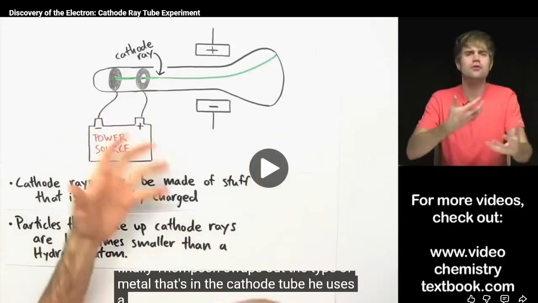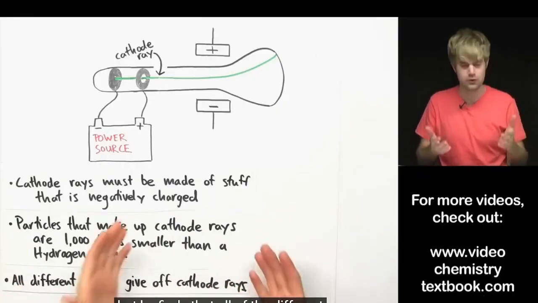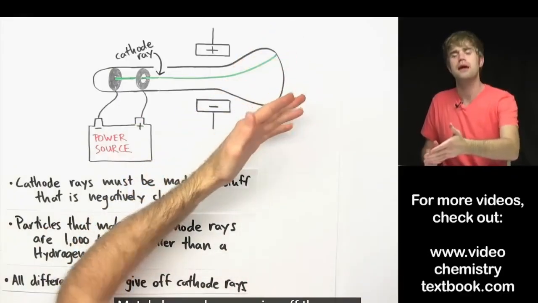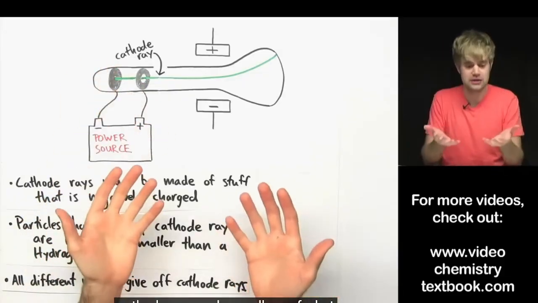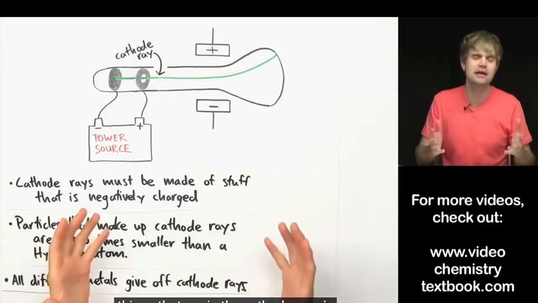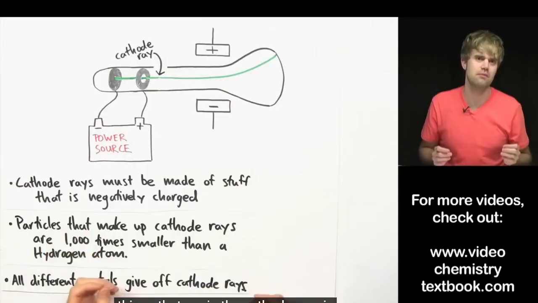Okay? He uses a variety of different types of metal, but he finds that all of the different metals he uses give off the same cathode rays, and regardless of what metal he uses, the size of the things that are in the cathode rays is exactly the same. So where is the cathode ray coming from? Take a look at the picture. Where is the cathode ray coming from? It's coming from, what's that thing there?